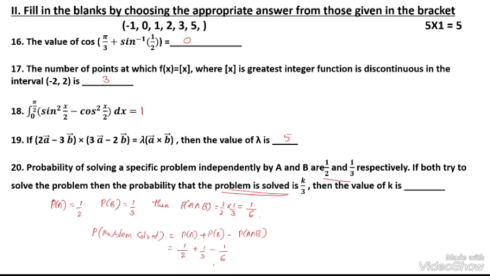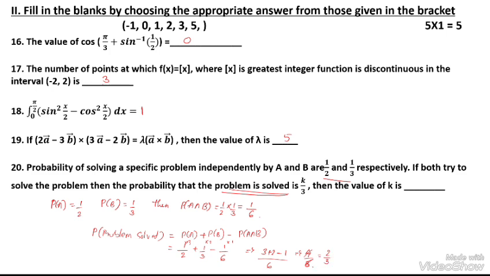I will take the LCM of all the values. It becomes 6. 2 3s are 6, 3 2s are 6, 1. 3 plus 2 minus 1. It becomes 4 by 6. On cancelling, the value becomes 2 by 3.